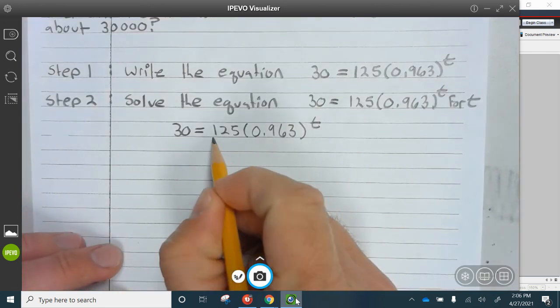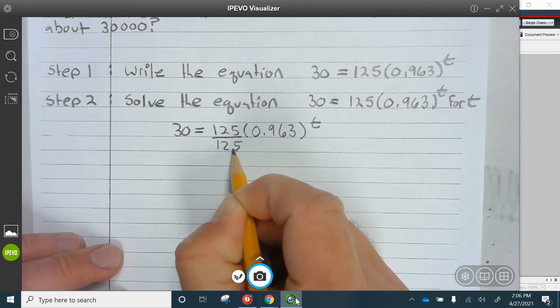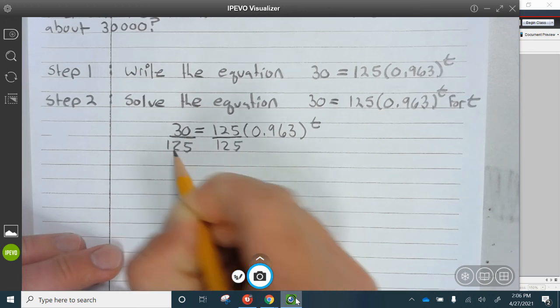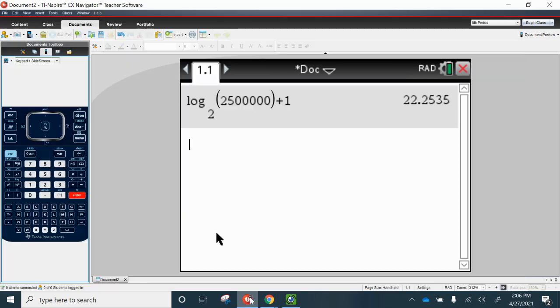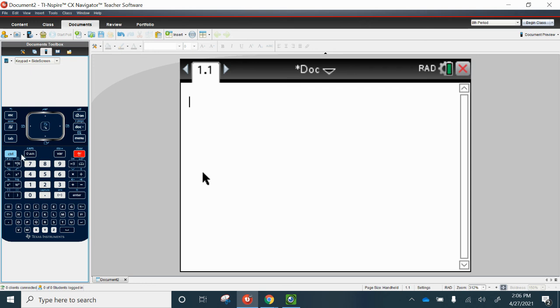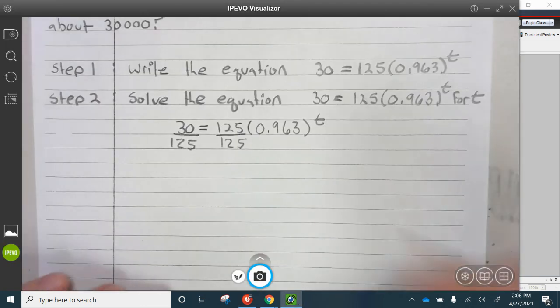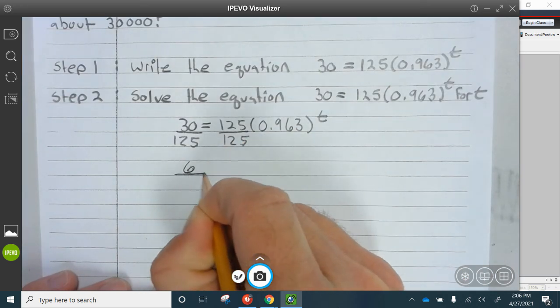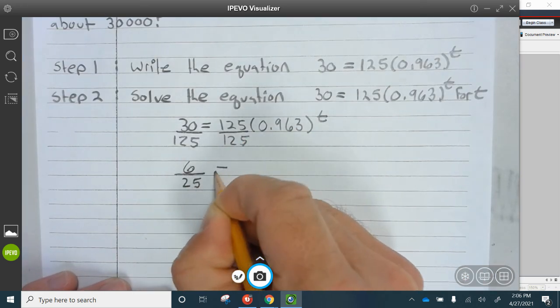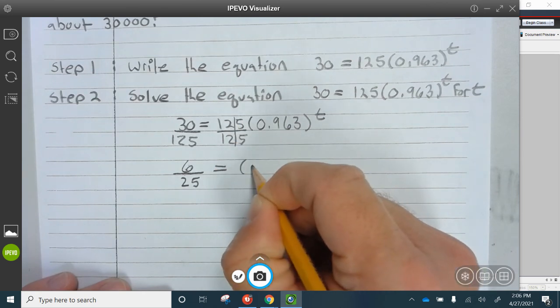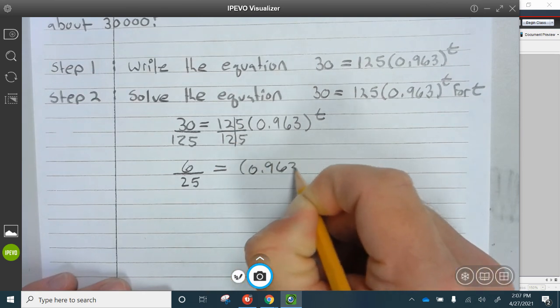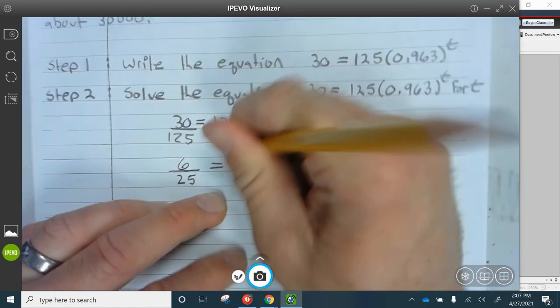So the first thing we do is divide both sides by 125. Okay, so let's put that in our calculator. So control divide, 30 divided by 125. And let's leave that as 6 divided by 25. So that's 6 divided by 25 equals 0.963 to the t, and we actually don't need parentheses for that anymore.